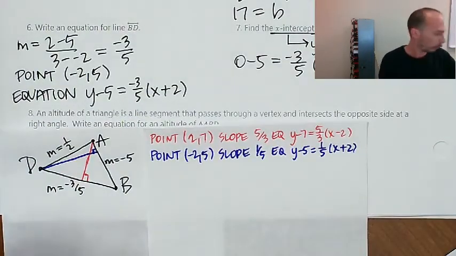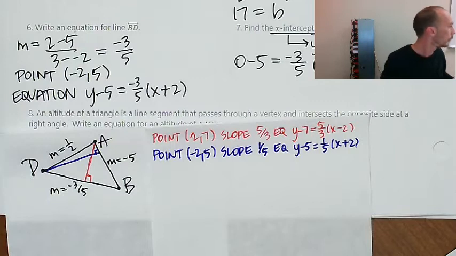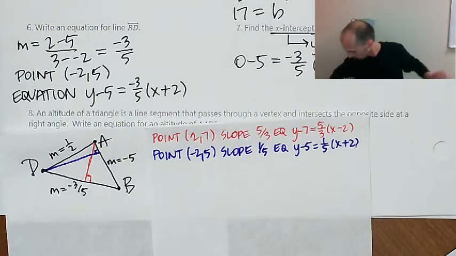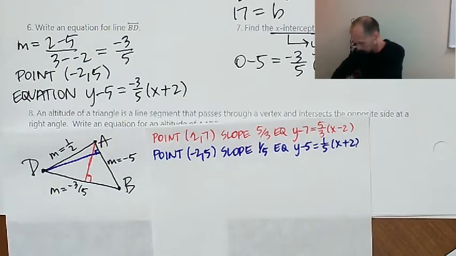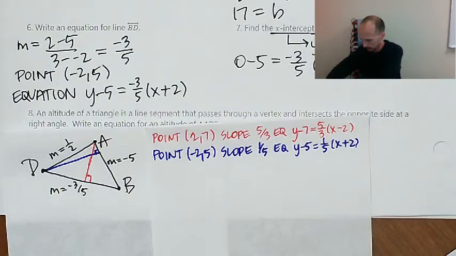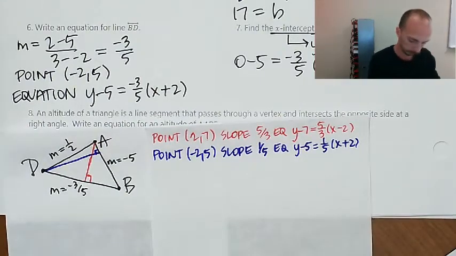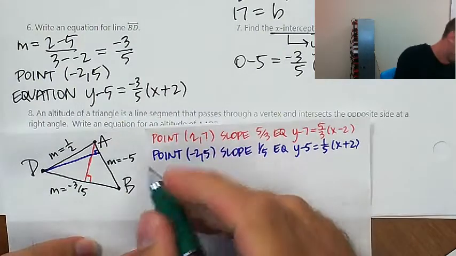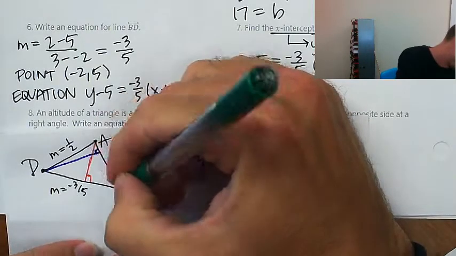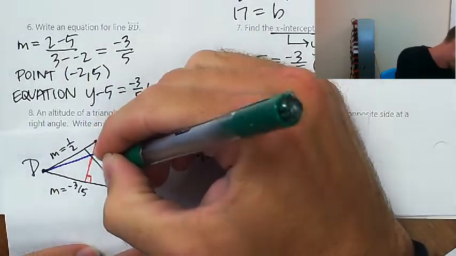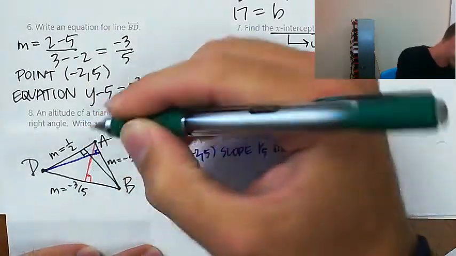Okay. And then for the third one, let's see, I'm not seeing any green pens. Right, so this third one is going to be, I'm going to have to go this way, and maybe it looks like that.